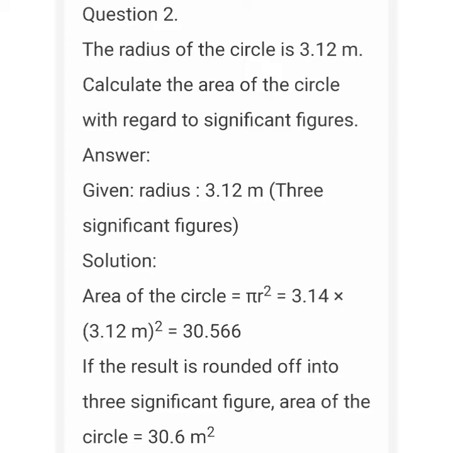Always the unit is very important while you are doing the problem. The correct value will fetch you 1 mark, whereas the unit will fetch you another 1 mark. Full calculation will give you 1 mark, and just remembering and rewriting the unit will give you another 1 mark. So concentrate on the unit. Okay, area of the circle is meter square. Fine.